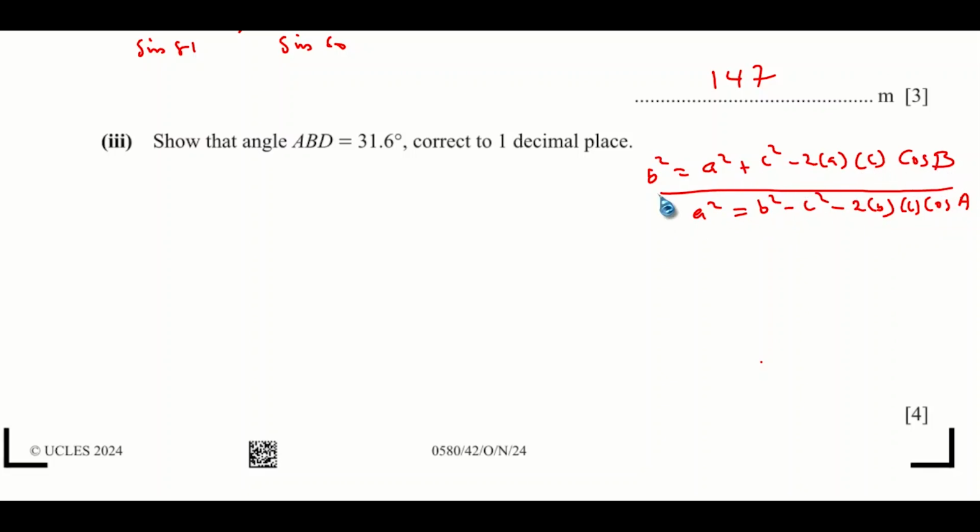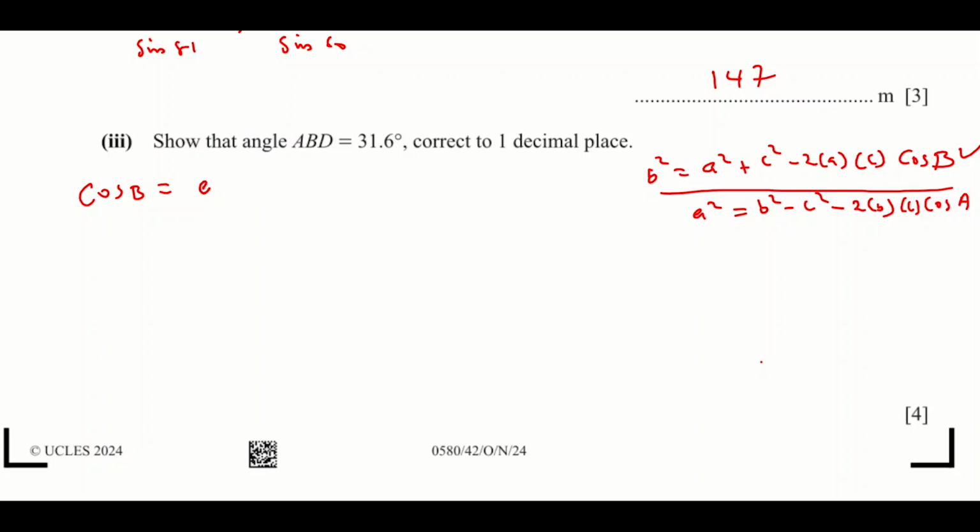So from here I can make cos B the subject of the formula, and eventually I will get B. Let's write this now. Cos B will be equal to a squared, but I'm using a, b, and d now.